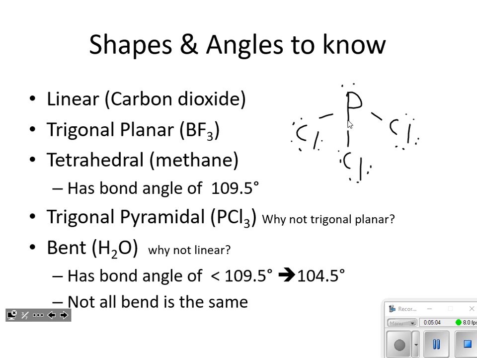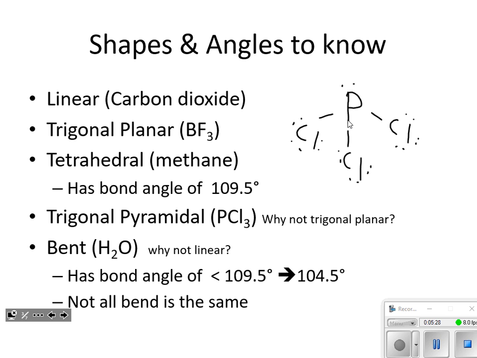And here I did try to not draw flat out 90-degree angles between things. I wanted to kind of demonstrate that that lone pair of electrons is repelling those chlorine bonds a little bit more. So typically a bond angle of around 107, sometimes 107.5. Actually, what you'll find is on the AP, they'll accept a little bit of a range at times for these things. So they are kind of generous.